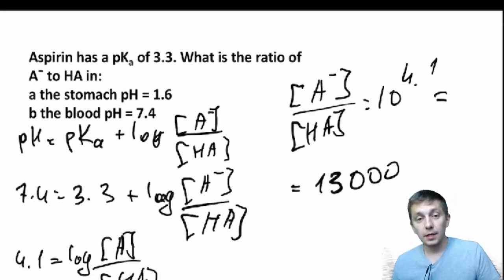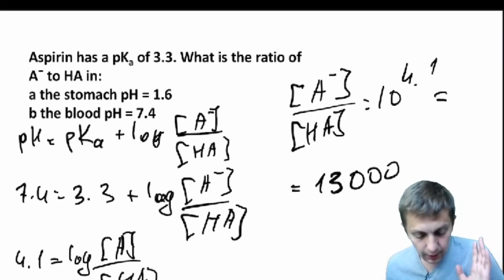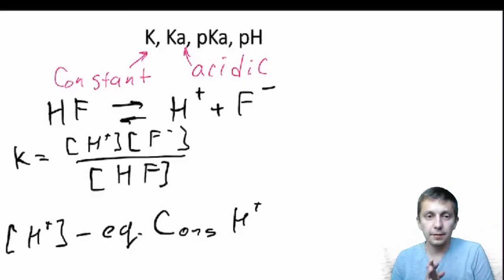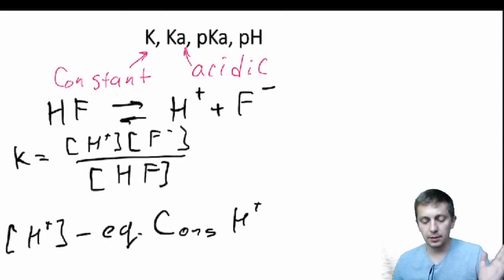So it's all you need to solve questions like this. If we generalize, what must you memorize? K is a constant. As any constant, it's product divided by reagent.